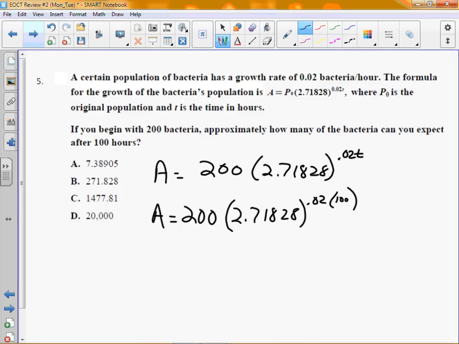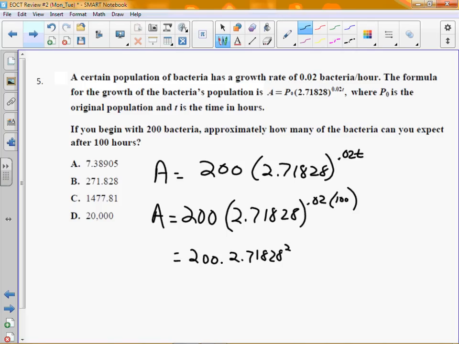Now, you can plug it in using these big calculators too, and it'll do it in order of operations. But if you have the smaller calculator, guys, you've got to be careful how you do that, because you've got to realize that 200 is done after you take 2.71828 to the second power. This is first, and then times 200.